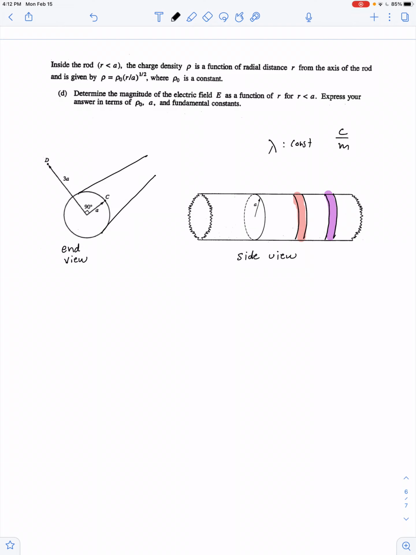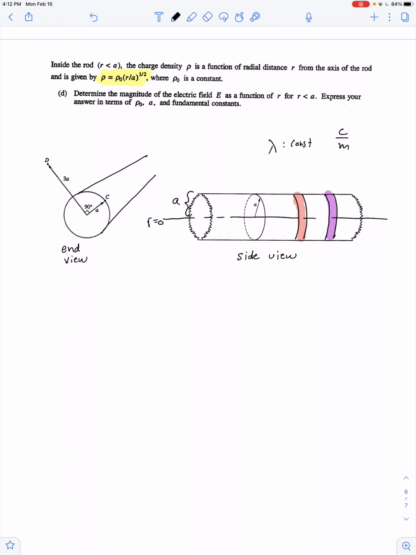But now we're told, as far as the way the charge is distributed from the center, from r equals 0, out to the surface at a distance of A, that the charge is not distributed uniformly. In fact, it's given by this formula: the volume charge density is equal to rho naught times the quantity r over a to the 1/2 power.